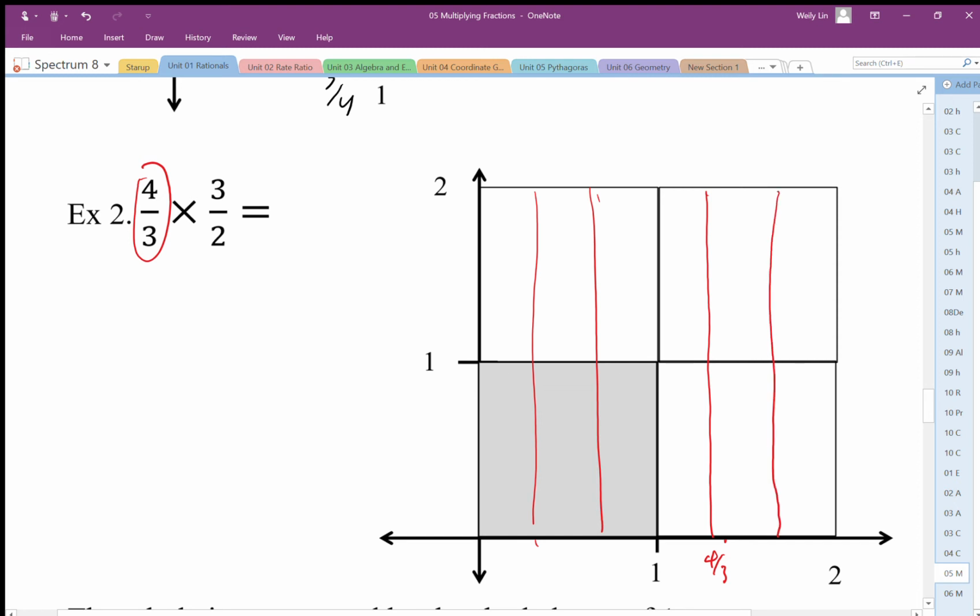So I've divided up this number line into 1/3 pieces. That looks good. 3 pieces to make up the whole. And for 4/3, I need this length all the way to here. So that's my length. What about my width? I'm going to have 3 halves, so my divisions are halves.